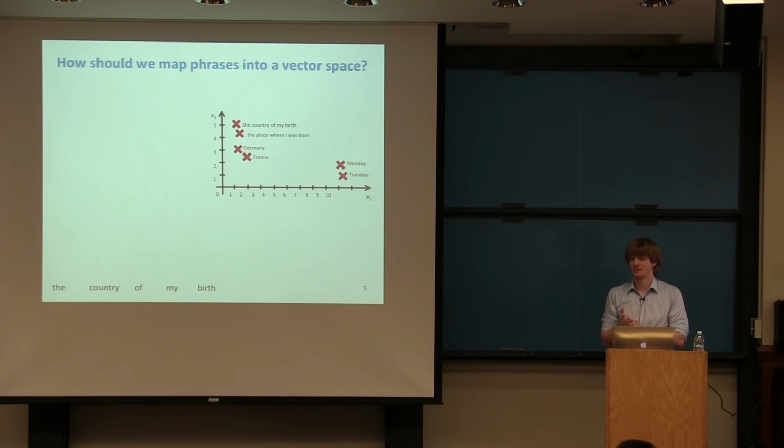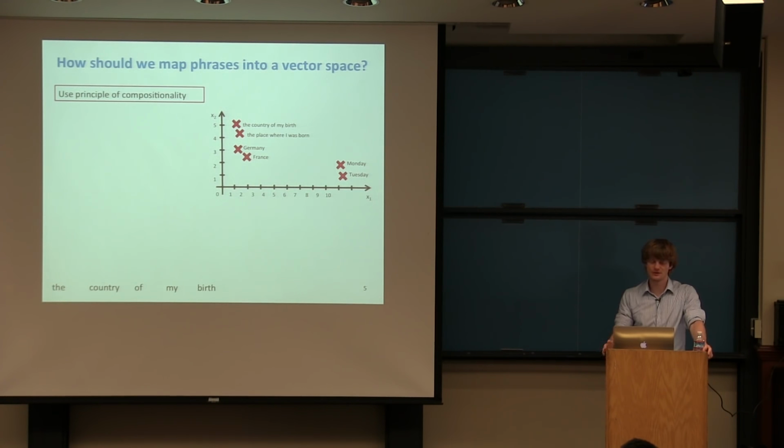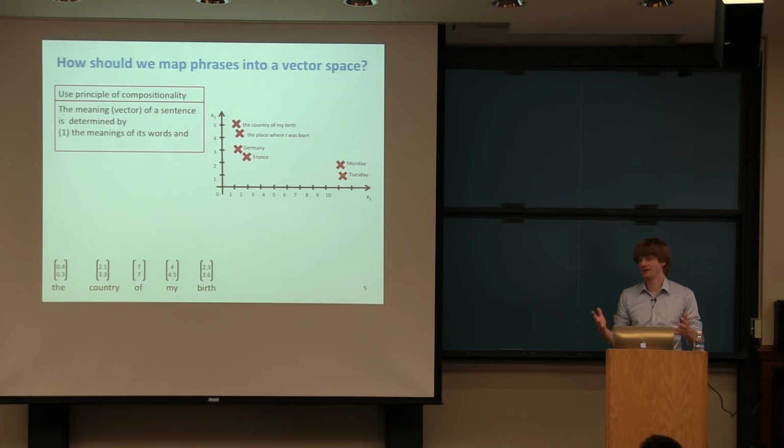So that leads us to the question of how we should go about doing this. In this lecture, we'll introduce and use the principle of compositionality, which in our case states that the meaning vector of a sentence is determined by 1, the meaning of its words, the word vectors. And throughout the lecture, I will illustrate those in 2 dimensions, but of course, they will generally be 25 to 300 dimensional, so much larger.